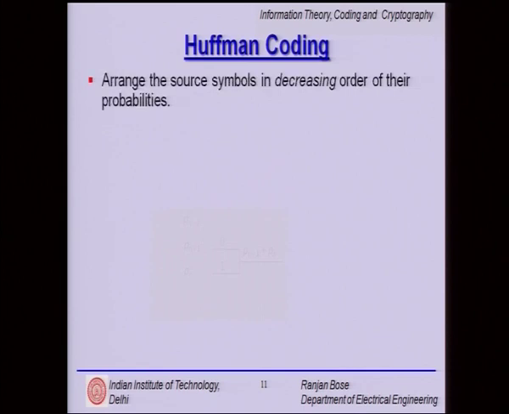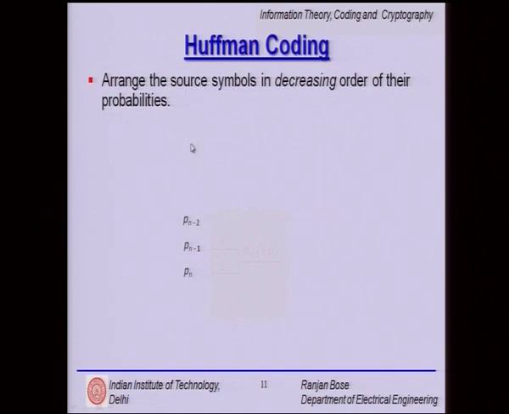So, let us look at it. How do we do Huffman coding? The first thing is that you collect all the source symbol probabilities and arrange them in a decreasing order. So, in this example, let us have 1, 2, 3, 4 up to n probabilities.